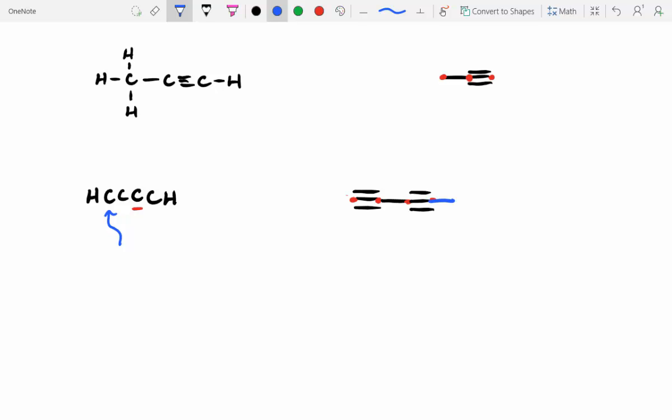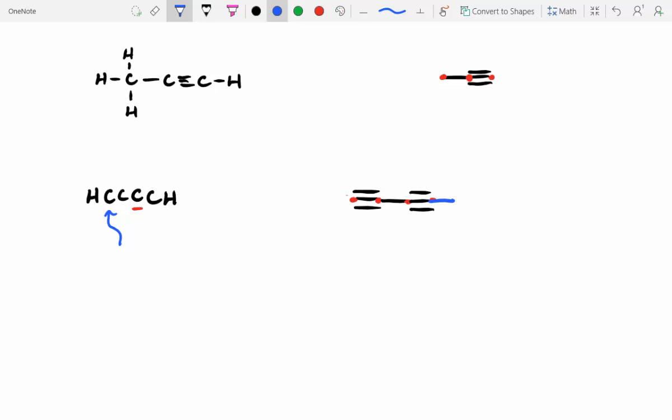Is that correct? No, because that would imply that it's not a hydrogen coming off of that last carbon, but rather a CH3 group. So with triple bonds, try to keep your triple bonds all in line. If your center one sticks out a little bit, it can be confusing and it can imply that there's a CH3 group coming off. Does that make sense?